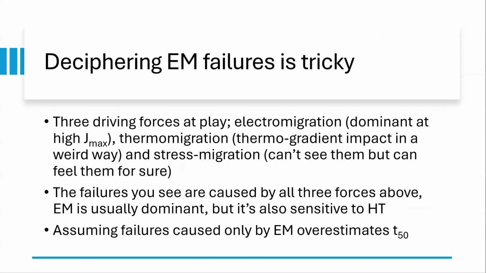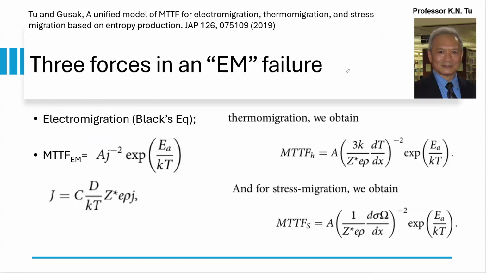Okay. And people, especially Professor Tu in this area, did a very good summary in his book, which I like. Right? He had a unified model for the mean time to failure. So he has these three formulas for you. This one is the famous flux equation.